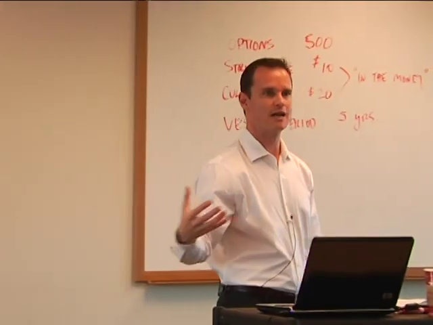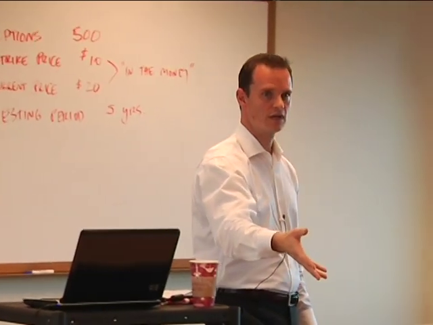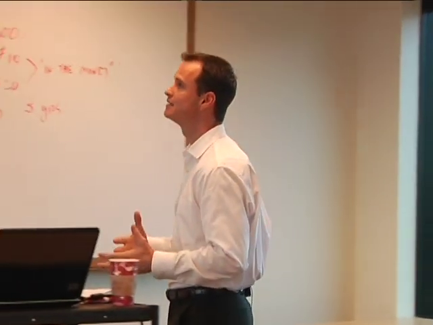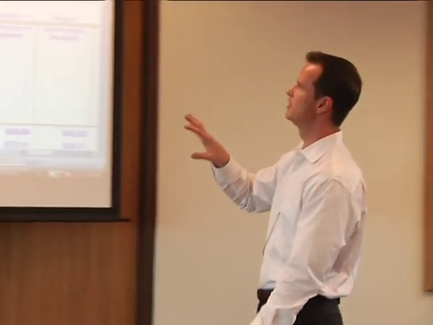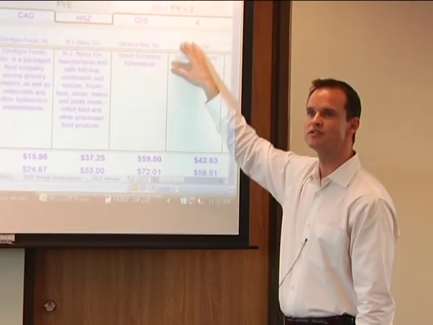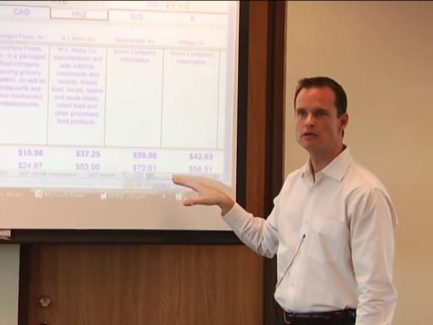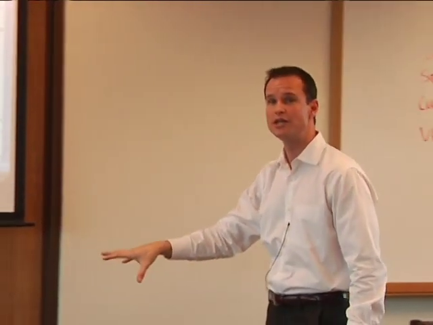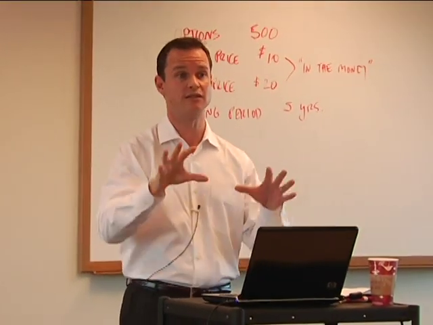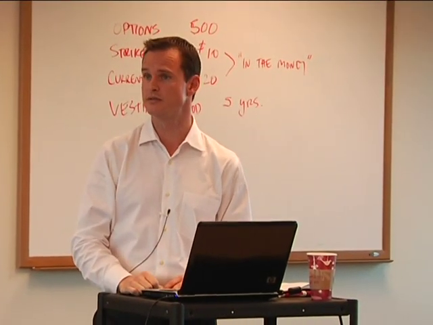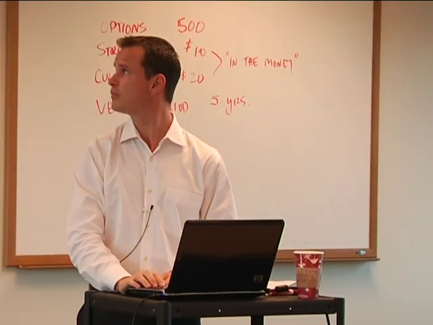But by the end of this example, my data should match yours. I just kind of want to show you the methodology for getting to that completed data set. And then once we've done that, your homework is going to be to do the same thing for General Mills, same thing for Kellogg. All right, you've got all the information you need to do that. I'll show you where all that resides in your electronic course materials. All right, does that make sense?